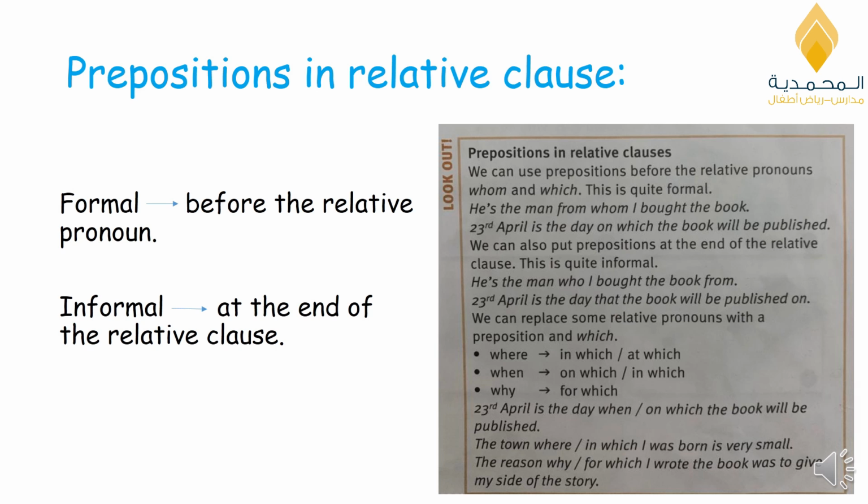Do you see from? The preposition came at the end of the relative clause. 23rd April is the day that the book will be published on. So on here is the preposition of the relative clause, and it came at the end of the relative clause, so it is informal. We can replace some relative pronouns with a preposition and which.